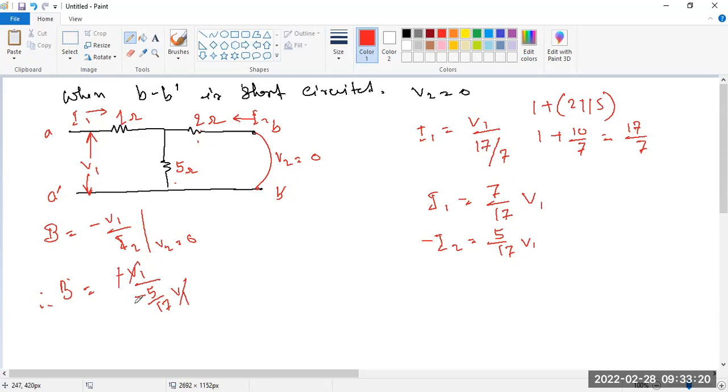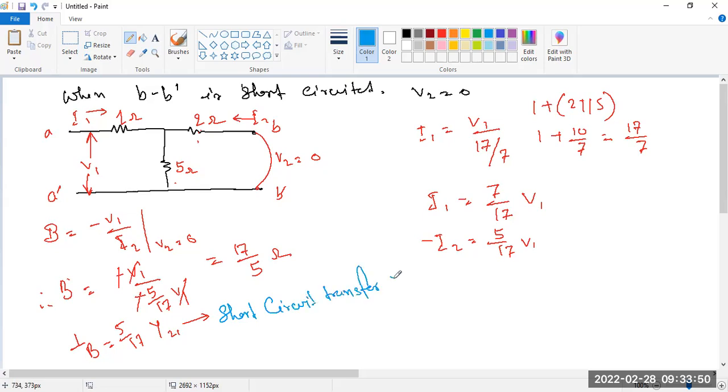Ultimately cutting down, we get 17 by 5, that is ohm. If you write this as 1 by B, then it is 5 by 17, and it is the admittance. So Y21 is called short circuit transfer admittance.